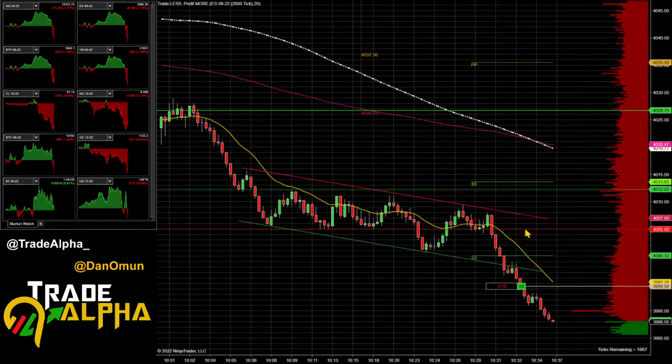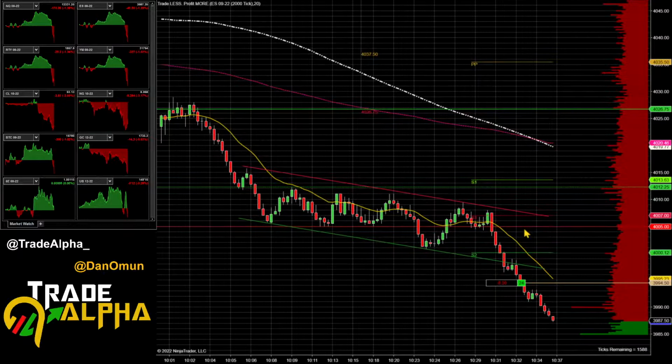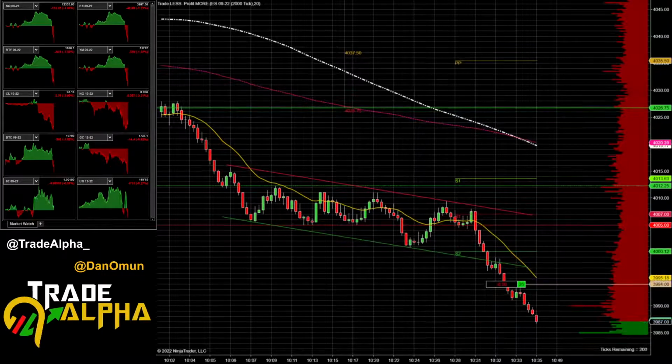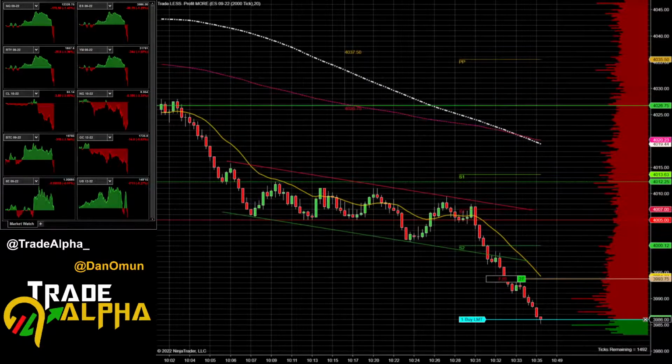Like the moment it dropped below 4,000, I knew that this was an overextended move, fueled primarily by panic. And I knew that it would eventually retrace. So this is a mean reversion strategy for only the most capitalized and experienced traders. I would not advise anyone else to deploy this type of strategy.